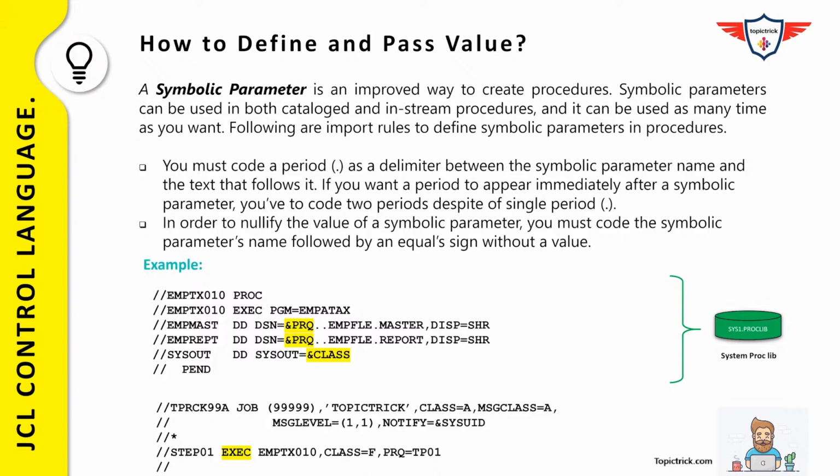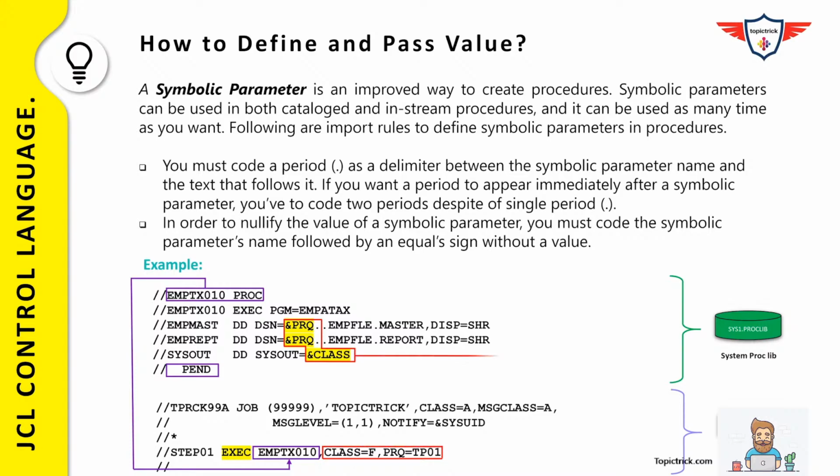First one is the employee master with a DD name of EMPMAST, and the second one is the employee report, with a DD name of EMPREPT. If you look at the dataset name, you will notice that instead of using a high level qualifier, I've used a symbolic parameter. In this case, the symbolic parameter is &PRQ., and I pass the value of this symbolic parameter when I'm calling the catalog procedure.